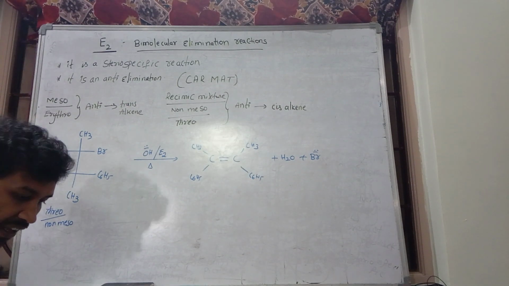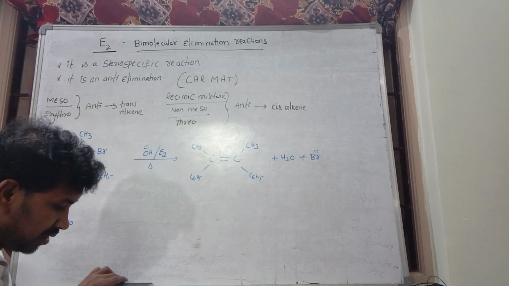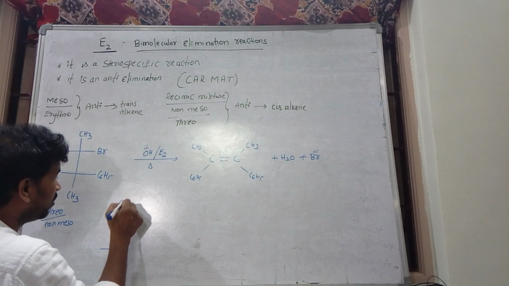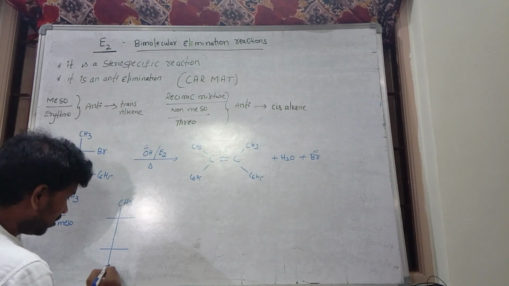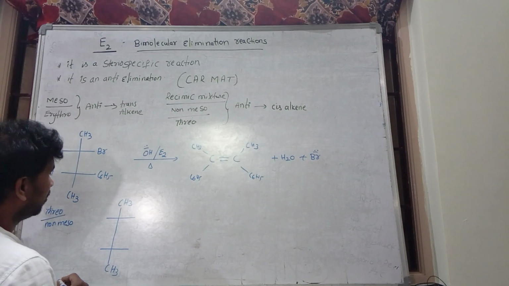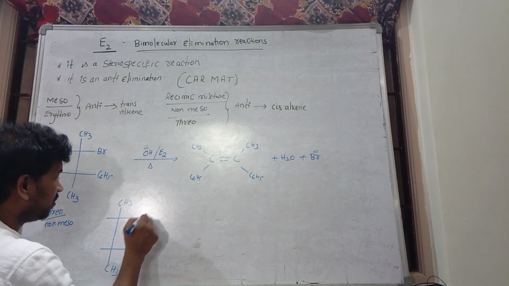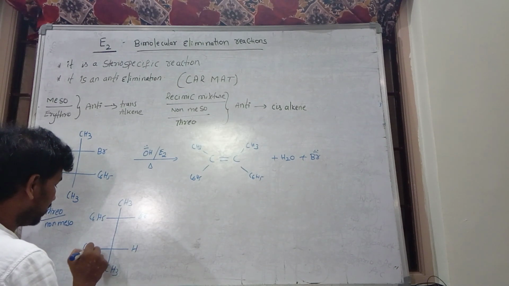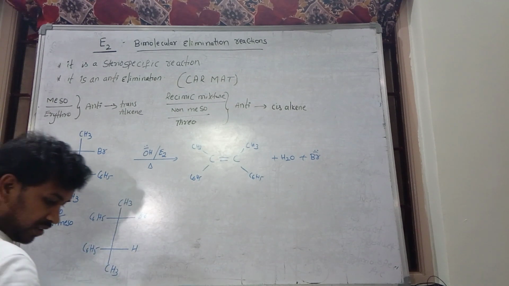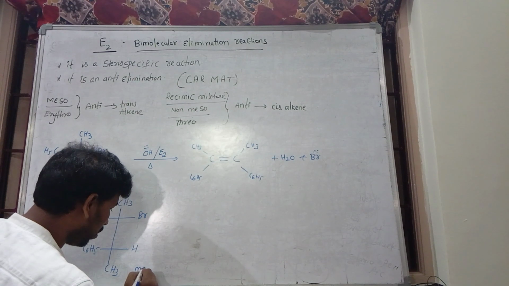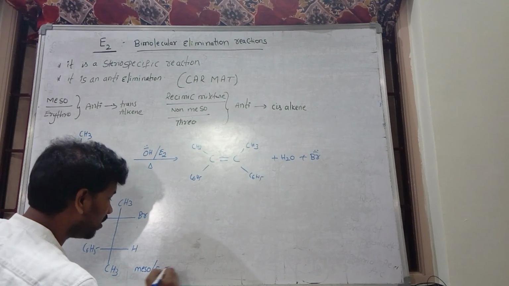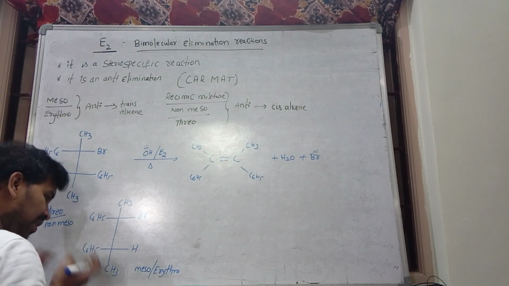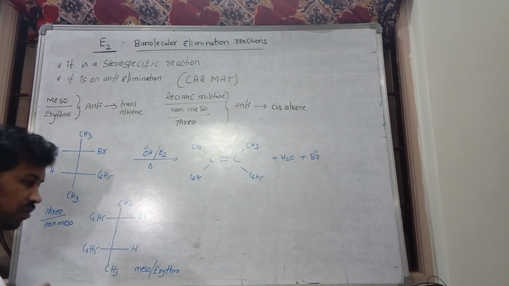Now, if you take meso compound, CH3, Br, hydrogen, C6H5, this is meso or erythro. Both C6H5 on the same side is erythro, both not on the same side is threo.